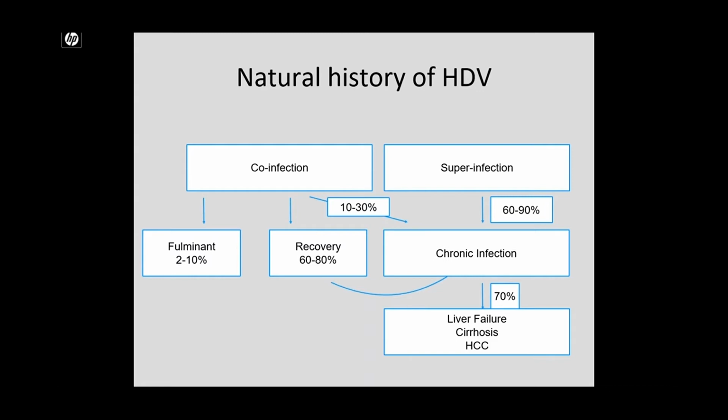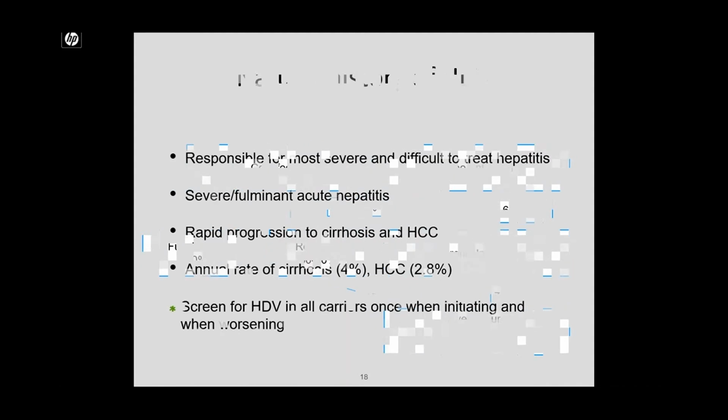From this, 70% are likely to have liver failure, cirrhosis, and hepatocellular carcinoma. So this is really one of the neglected or forgotten diseases in the last 40 years since its discovery, and not much progress has been made, even though it presents as a severe form of disease.